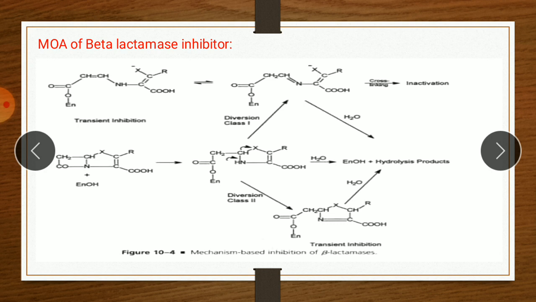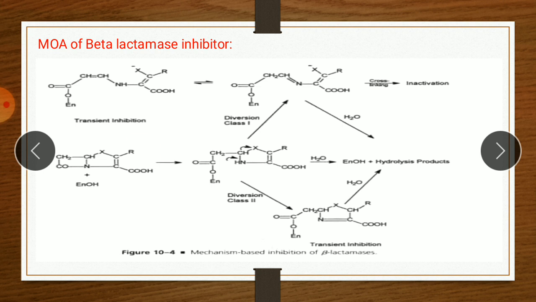When we use beta-lactamase sensitive penicillin, for example penicillin G and penicillin V, these are called beta-lactamase sensitive penicillins. That means these penicillins are easily hydrolyzed by the beta-lactamase enzyme of bacteria.